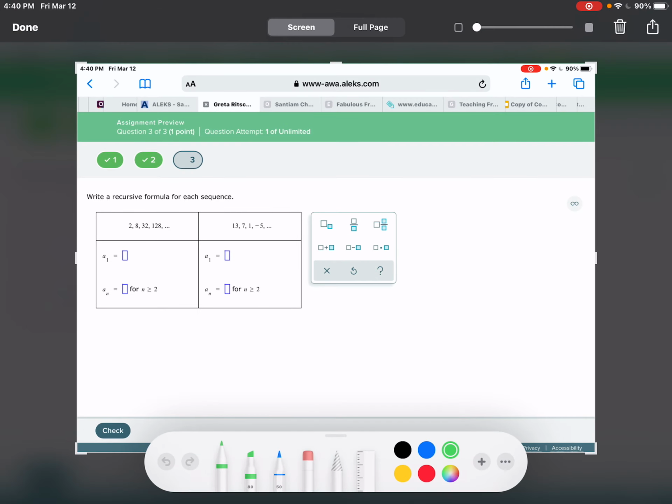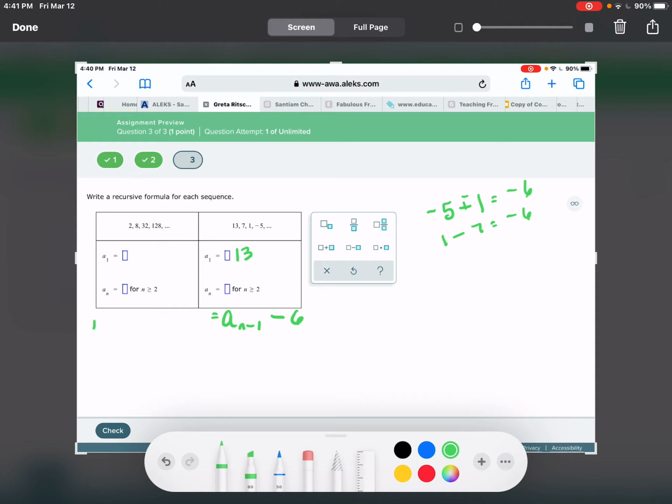Negative 5 minus 1 is negative 6. 1 minus 7 is negative 6. So what we can say here is that we will have a sub n minus 1 minus 6, and then our first term was 13, so that'll do that one.